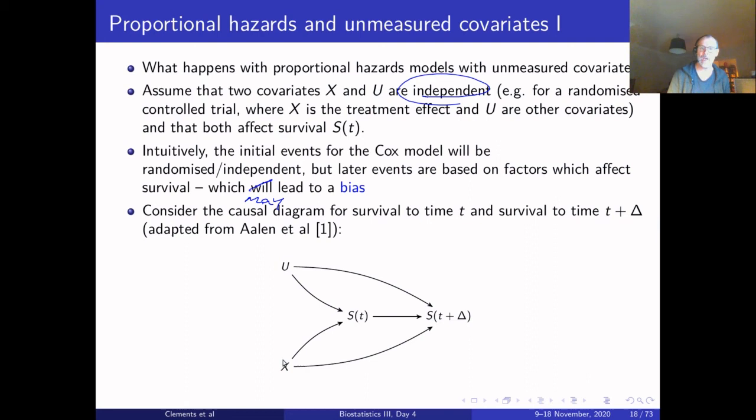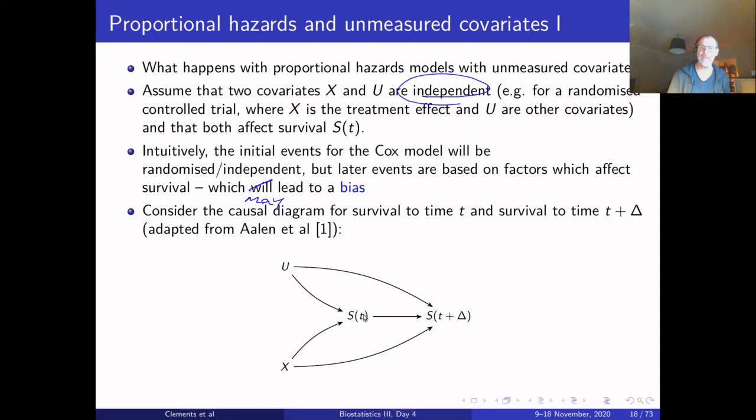So what we have is X is assumed to affect survival to time t. U is assumed to affect survival to time t. X is assumed to affect survival to time t plus delta, and U is assumed to affect survival to time t plus delta. X and U are not associated in this causal diagram.